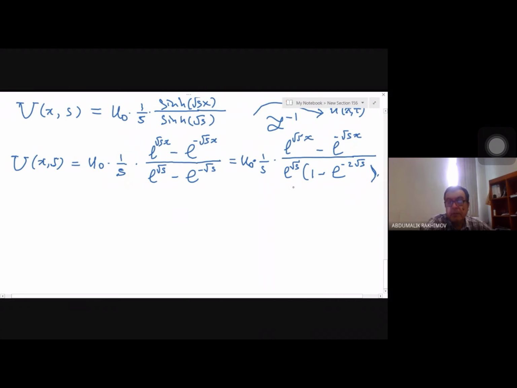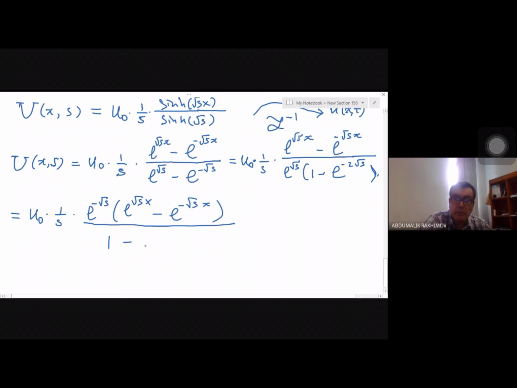What can we do now? We can lift this exponential up. When you lift it up, it will be exponential minus root of s, right? So it equals u0 times 1 over s, times exponential minus root of s, times exponential root of s x minus exponential minus root of s x. Now this exponential goes upstairs, and I have here 1 minus exponential minus 2 root of s.